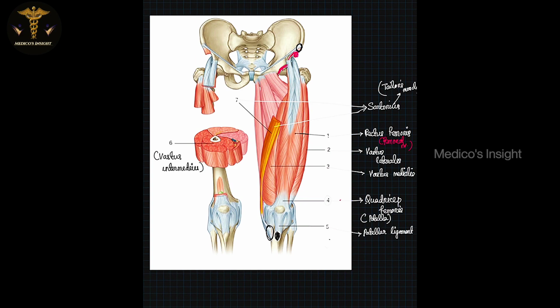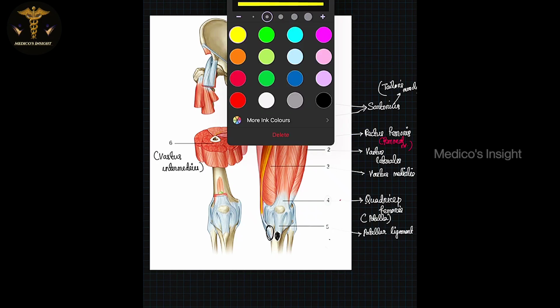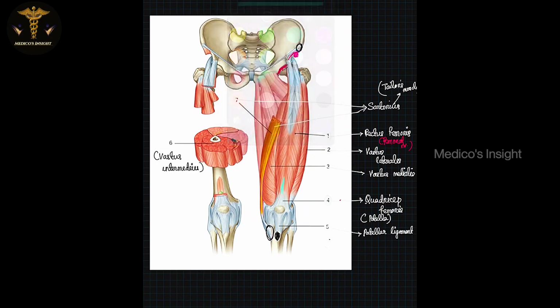Okay, so we can highlight this. This one is rectus femoris muscle. Though it has two heads, here it is one head, here it is one head.